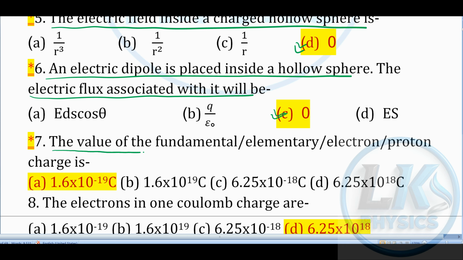The value of elementary charge, or charge on electron or charge on proton, is 1.6 into 10 to power minus 19 coulomb.